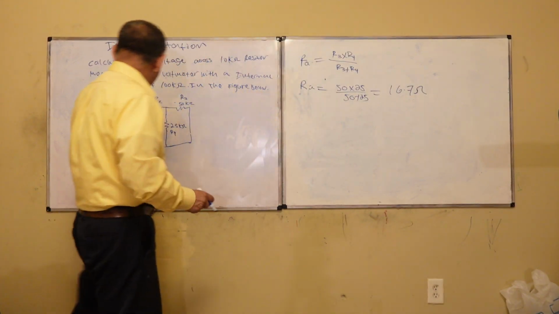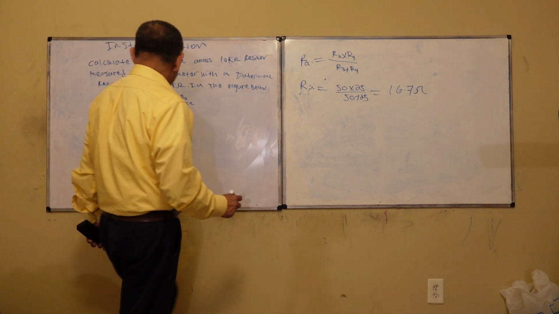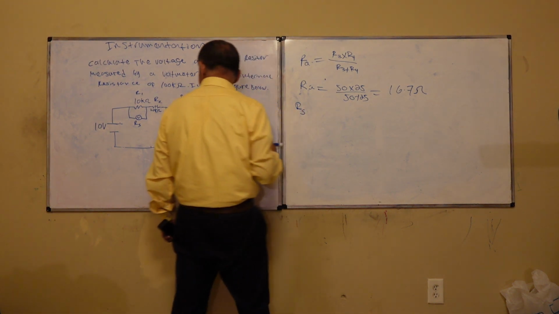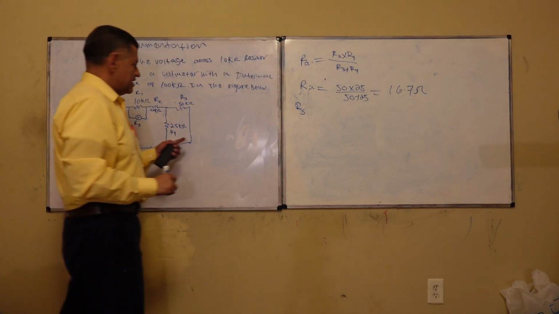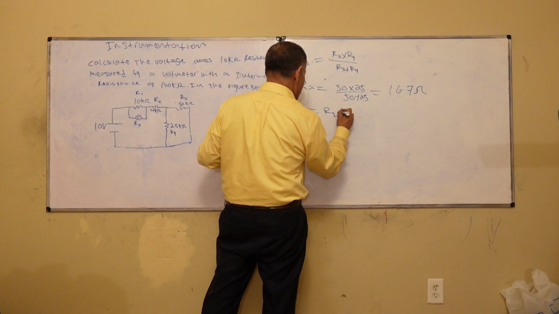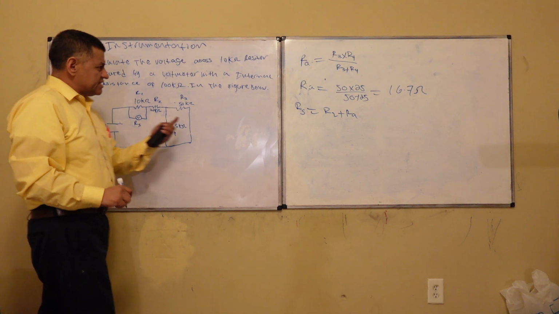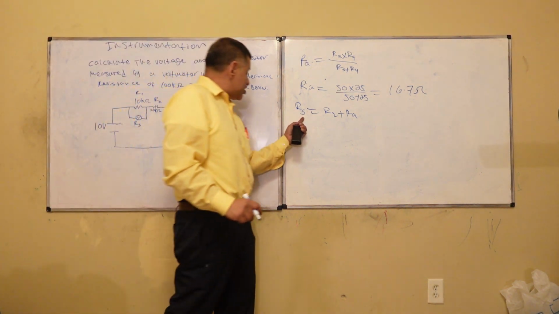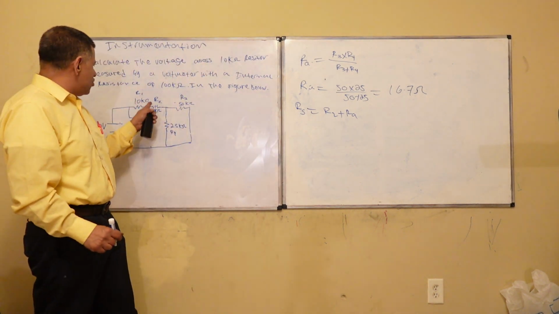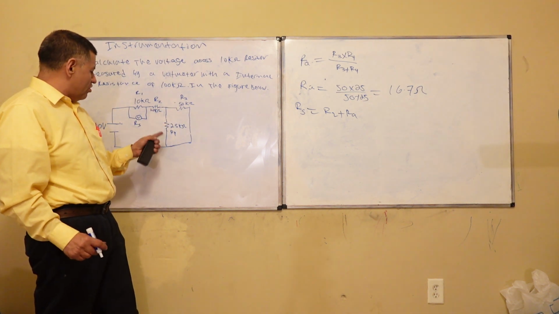Now let's add RA. Let's make another variable, R in series, which is equal to R2 plus RA, right? My R2 is 20 kilo ohms, and I have the combination of this.